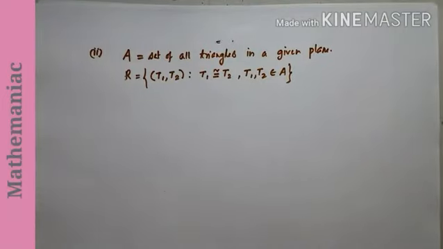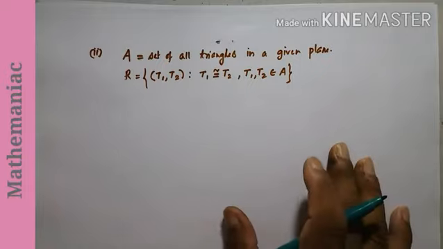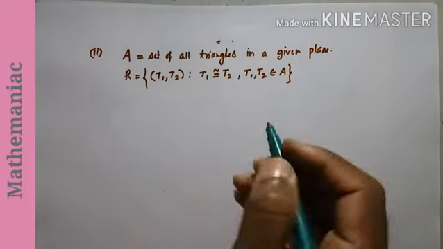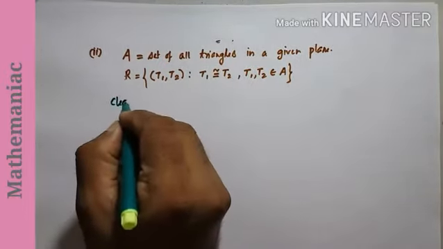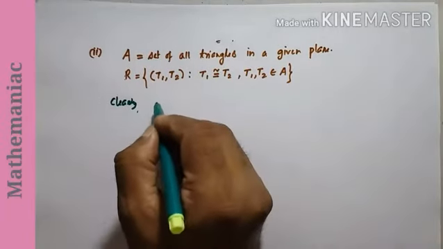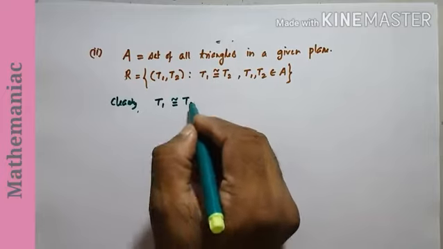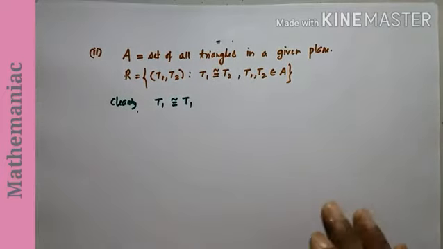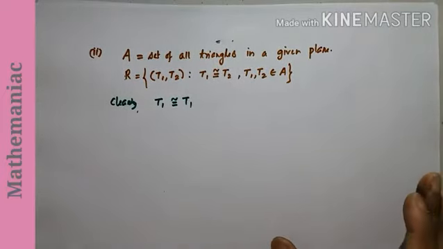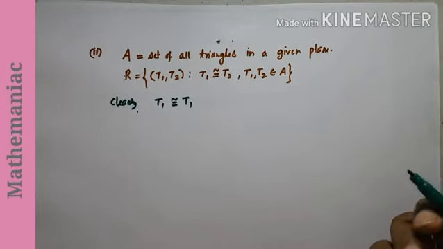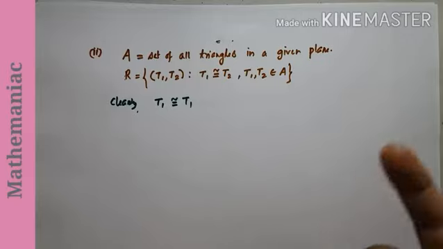Now let us verify whether this particular relation is reflexive or not. So clearly, if I say triangle T1 is congruent to triangle T1, will there be any kind of contradiction? Not at all, because one triangle is always congruent to itself. Congruence means it is equal in all aspects.